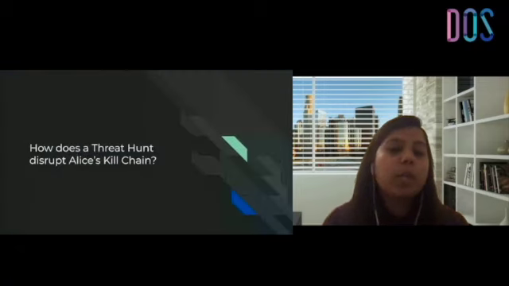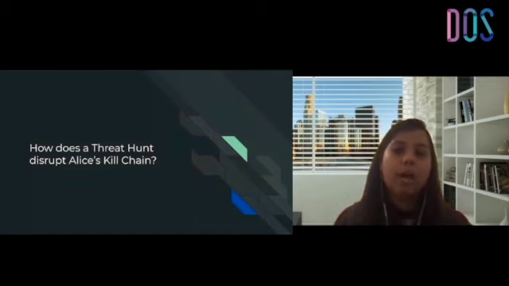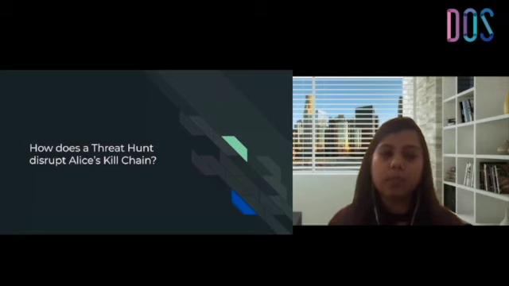So how can we disrupt Alice's kill chain using threat hunting? Let's go back a few steps. Let's call this stage 0. We have a hypothesis, which we were discussing during the process.